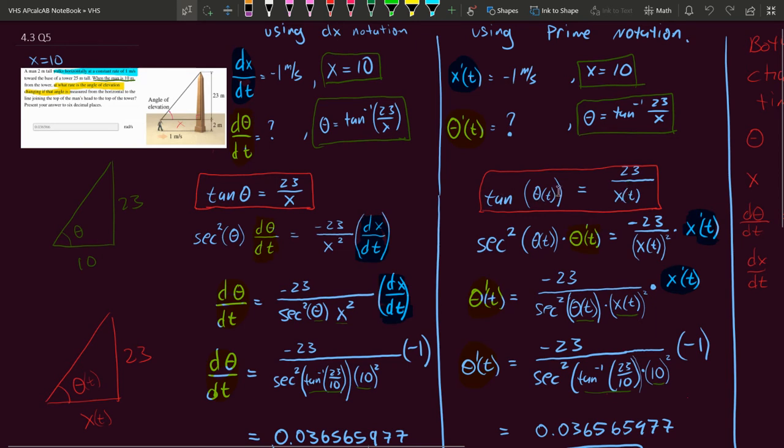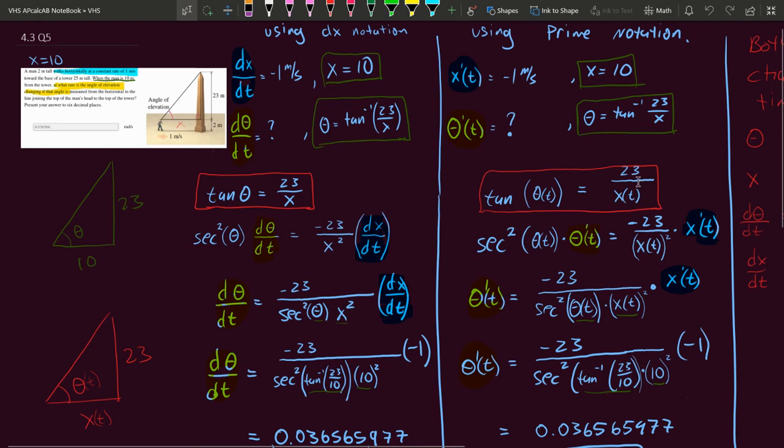Anyway, so now if I take the derivative of this, now you can really clearly see that you have a chain rule, I think. So you take the derivative of tangent, you get secant squared, and you replace whatever was written there, okay? And then the derivative of theta gets written here, okay? And then the same thing, you're going to differentiate this side with respect to t, not with respect to x, remember?